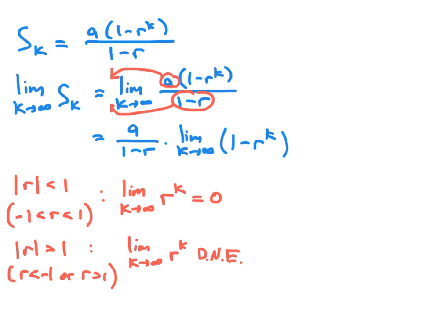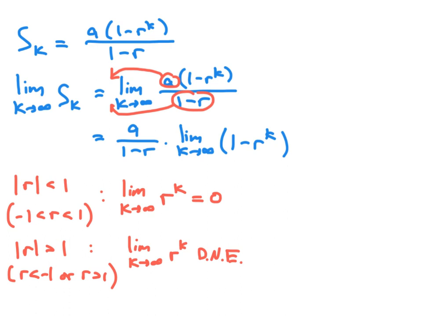Again, we can just imagine what will happen if r is such a number. If r is a number bigger than 1 and we take larger and larger powers, those numbers will go off to positive infinity, and that sequence will diverge to infinity. And if r is a number less than -1, the same type of behavior applies, except every other term will be positive and every other term will be negative, and so we have just a divergent sequence.